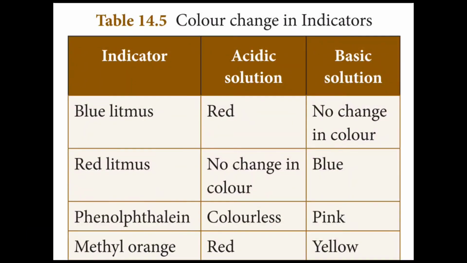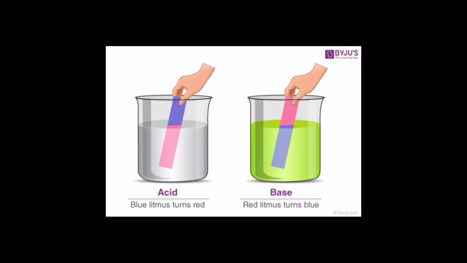The following table gives the color changes of different indicators in acidic and basic medium. Color change in indicators. So 4 types we are going to see: blue litmus, red litmus, phenolphthalein and methyl orange. Blue litmus turns red in acidic solution and no change in color in basic solution.